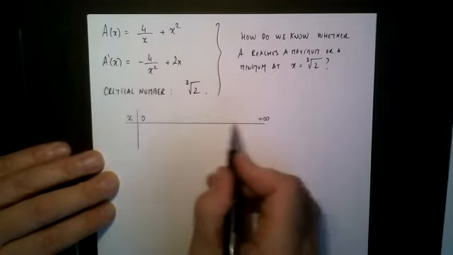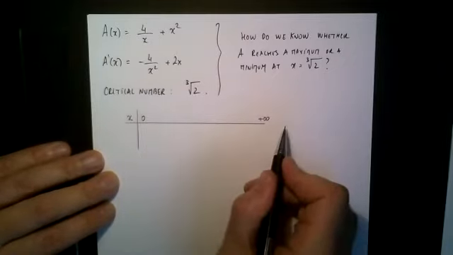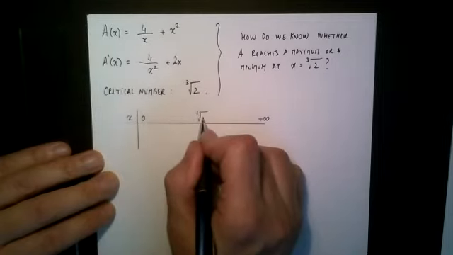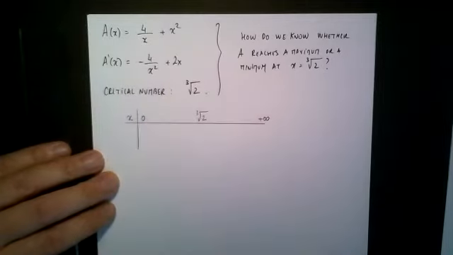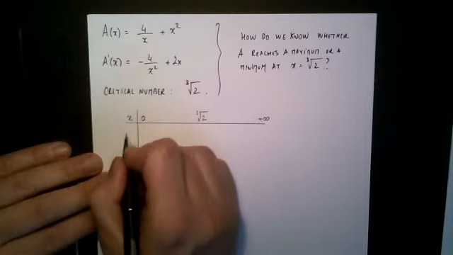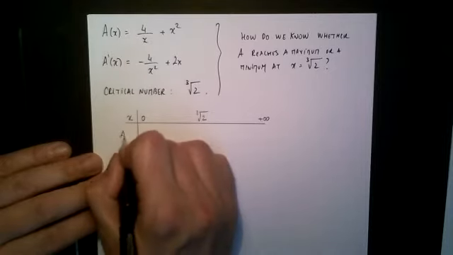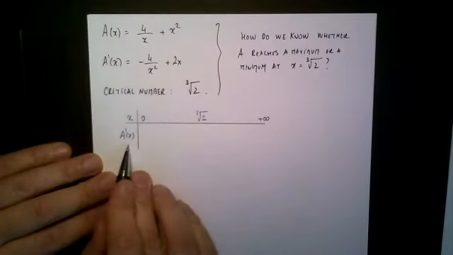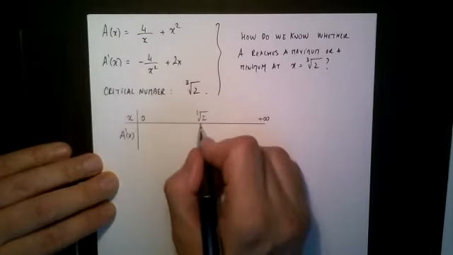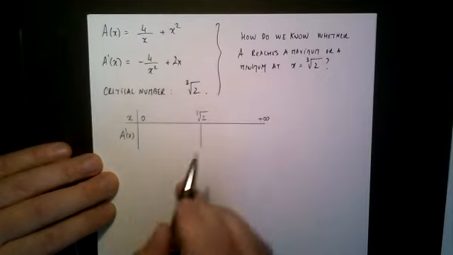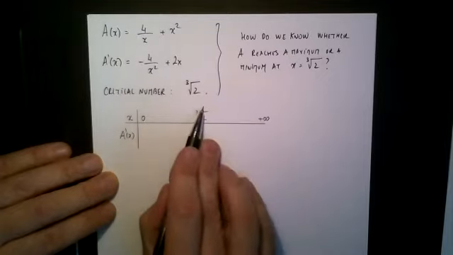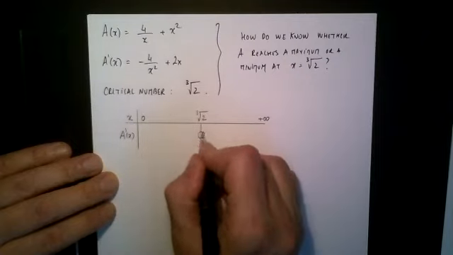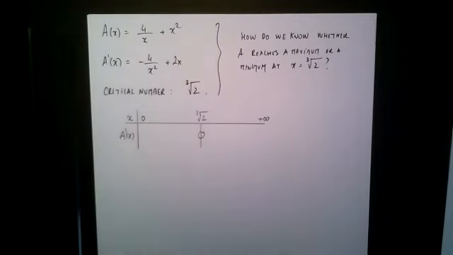And somewhere here, there's a lot of values, but one important one is this one. Cube root of 2 is an important value. Okay, and I'm going to see what A prime of x is worth here. A prime being the derivative. Okay, so I know that if I plug in the cube root of 2 in A prime, I'm going to get 0, right? Because that's how I found cube root of 2.